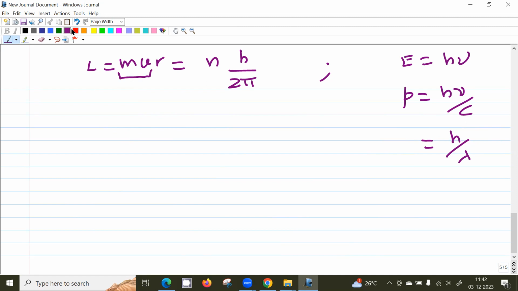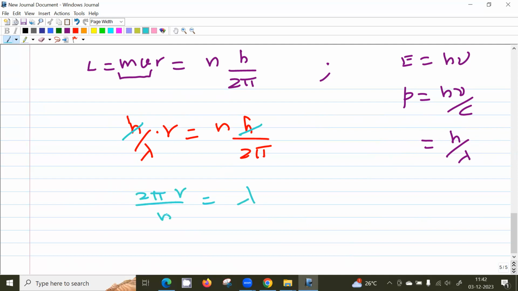So momentum I can write as h by lambda, into r equal to n h by 2 pi. So h and h I can cancel. So lambda is 2 pi r by n.